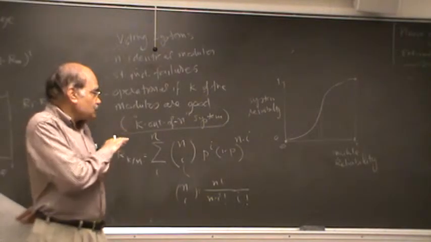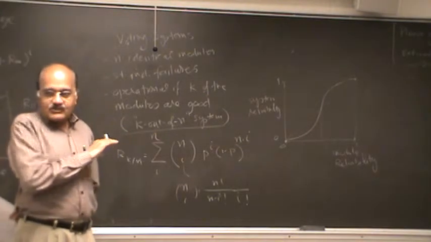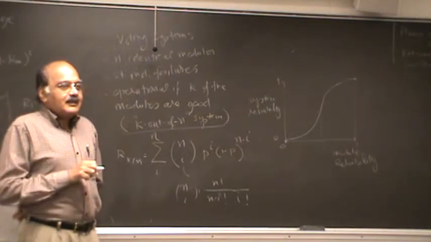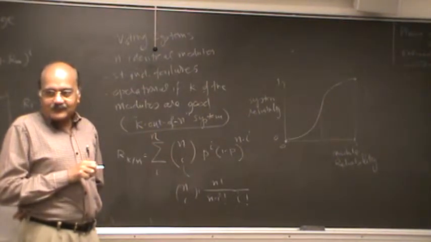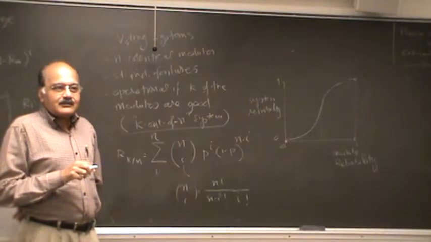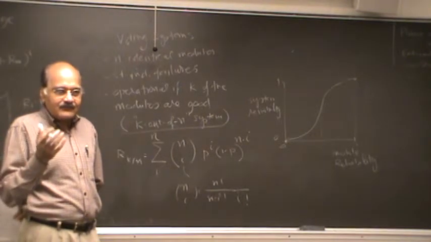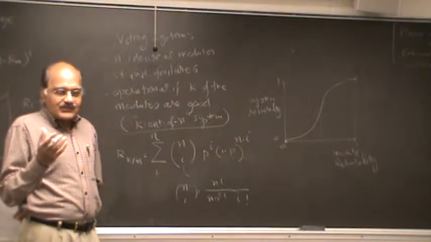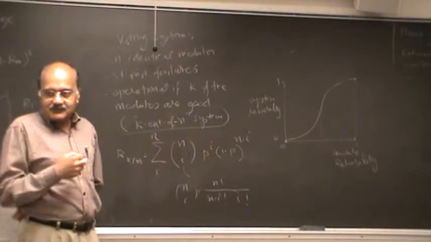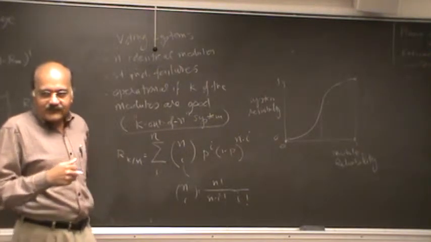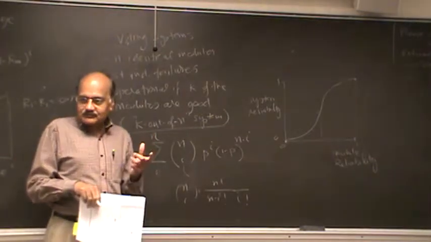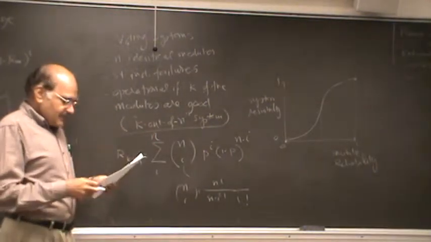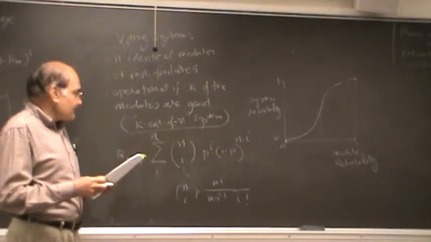But here they're supposed to be identical systems. So you have n identical systems, and if K of them are saying something, and if that is correct, that means the system is good. That's the assumption. And we will look at a specific example.